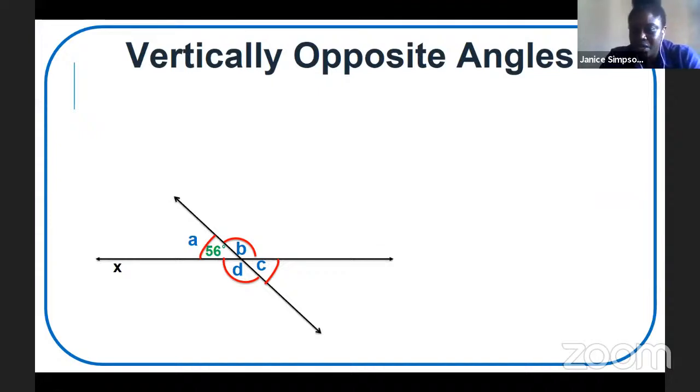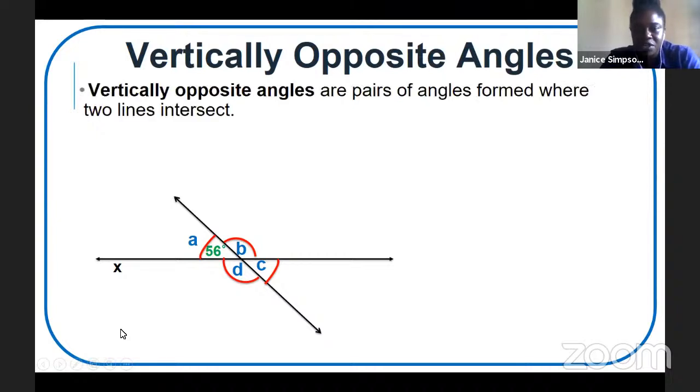If you'd like to speak, you are free to indicate by raising your hand so that we can hear what you have to say. I'm seeing Shaniqua here saying that they are equal. All right, so vertically opposite angles are equal. And how do we identify their location? When we say vertically opposite, how do we identify their location?